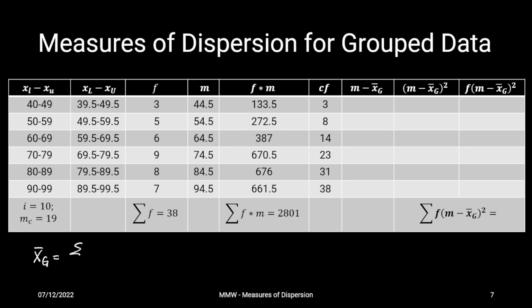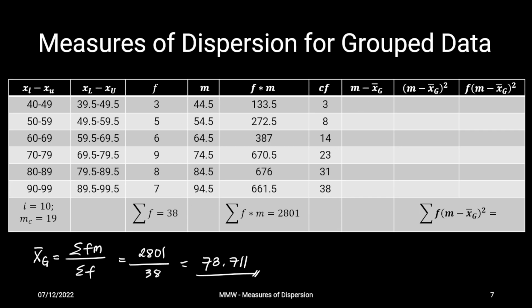So that is the summation of f times m over the summation of f, which is equivalent to 2801 divided by 38. Since yun na yung nakuha natin previously. This is equivalent to 73.711. Di ba? Yun yung nakuha nating mean, remember dun sa previous discussion natin with central tendency. Okay, so we have the midpoint minus the mean. So i-subtract lang natin ito dito.